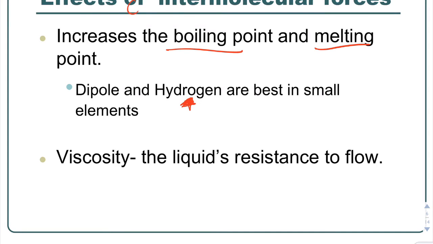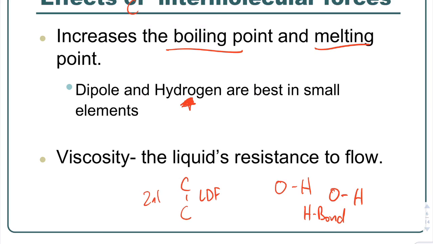So, for example, if you just had a carbon-carbon with LDF, London dispersion forces, and you compare that to an OH and another OH, this is a H bond. So you have two atoms and two atoms, so that it's comparable.